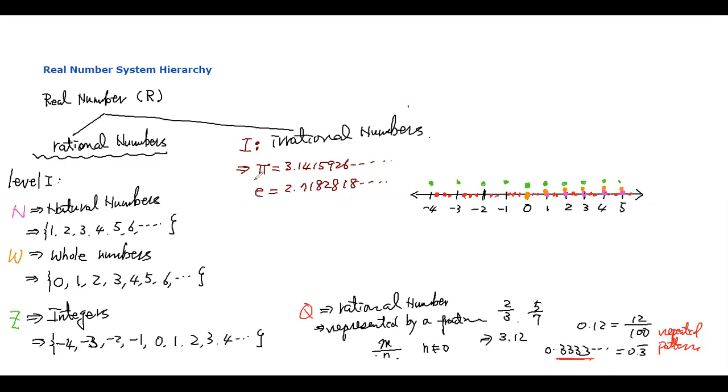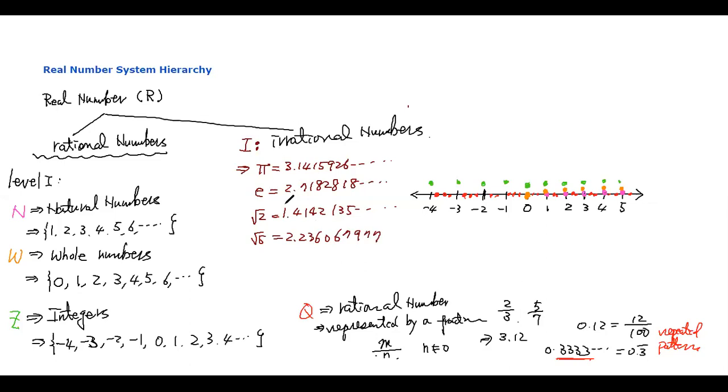Now how about the square root of 2? If you take the square root of 2, you will get 1.4142135 and so on. In the same way, if you take the square root of 5, you will get 2.236067977.